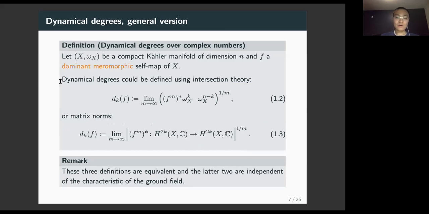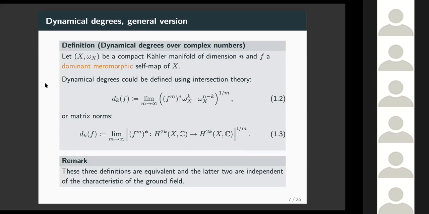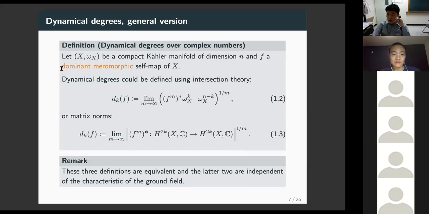Okay. Now, previously we were talking about the dynamic degrees of a holomorphic self-map, and the definition is given by the spectral radius of the pullback action.